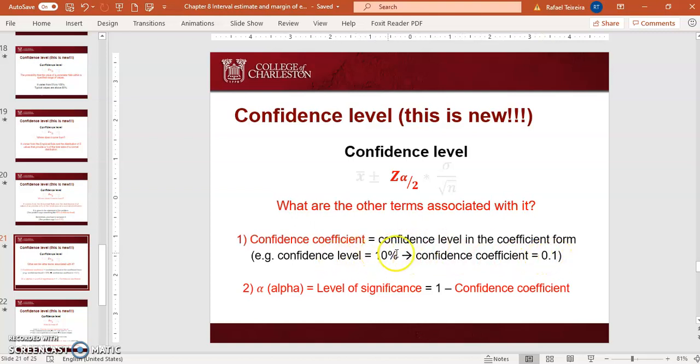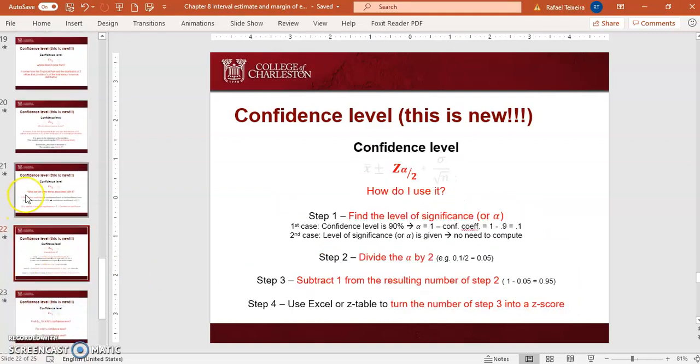If the confidence level is 90%, which is typical, then the coefficient is 0.9. Then we use this coefficient to get the alpha. The alpha is called level of significance, and we find the level of significance by subtracting the confidence coefficient from 1. Let me show you more details about this.